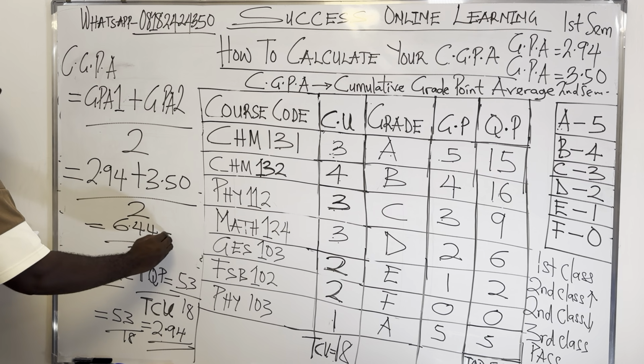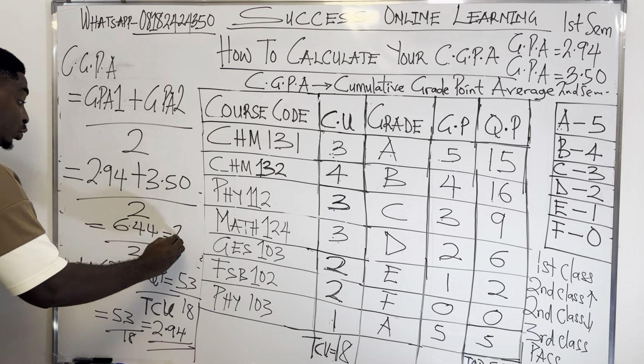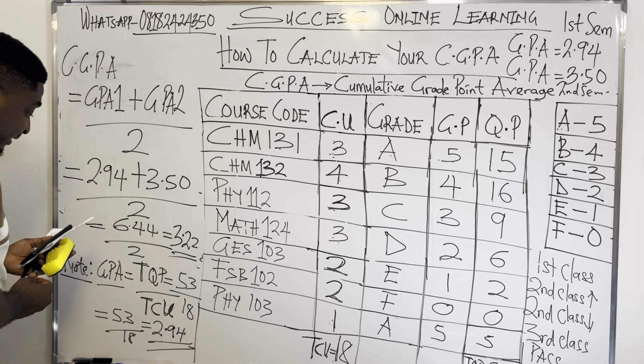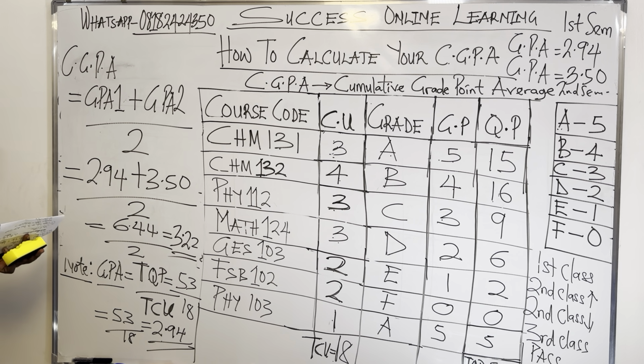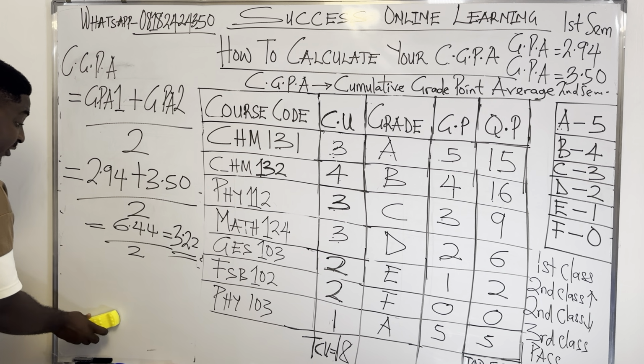Then divided by 2. 6.44 divided by 2 will give us 3.22. So the CGPA for this particular student for a session completed is 3.22. 3 point what? 3.22. This is the CGPA for that student.